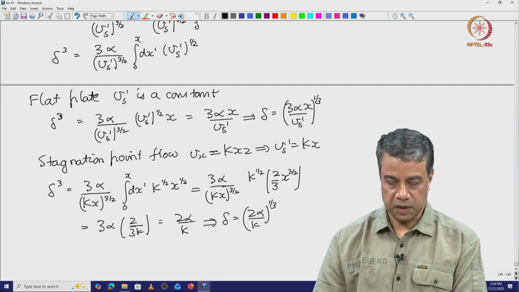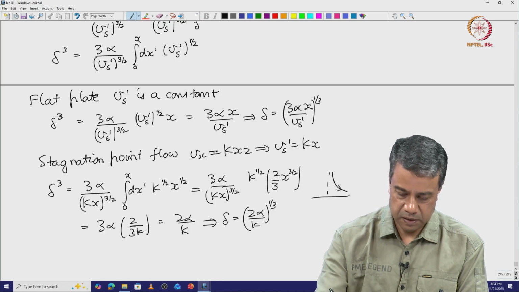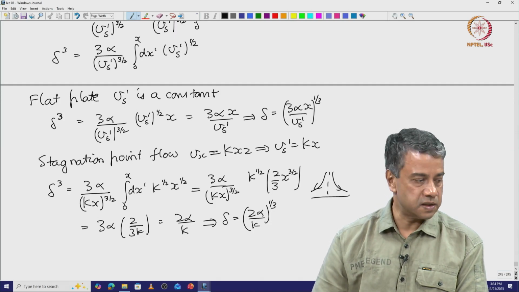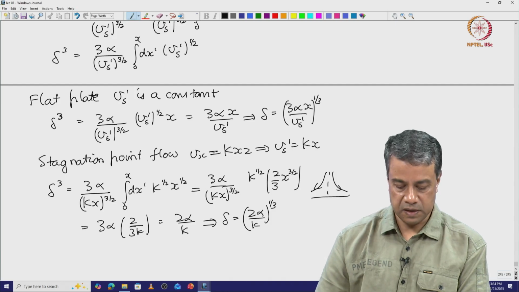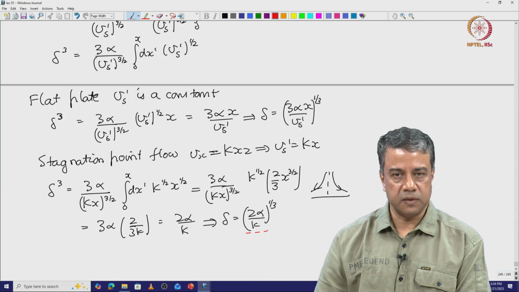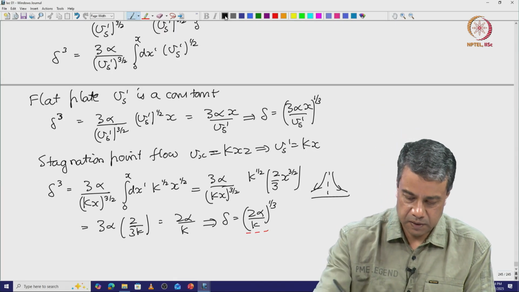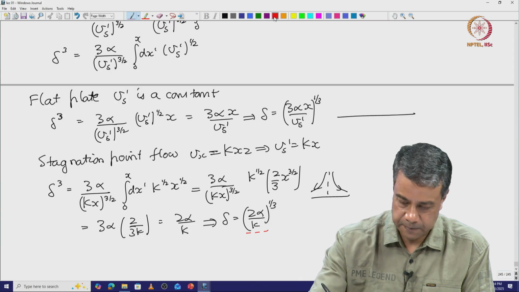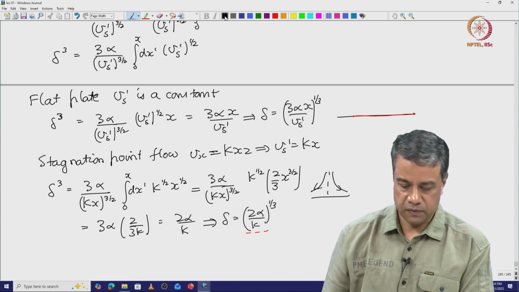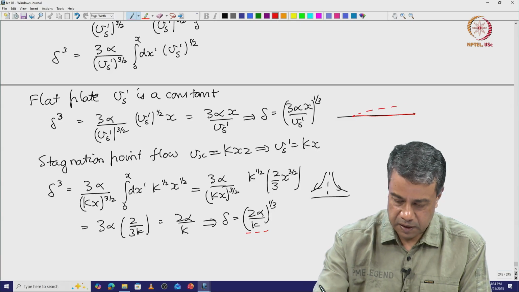stagnation point flow. Stagnation point flow, you recall, was the flow towards the surface. There we had found out that the boundary layer thickness is a constant, it is independent of x, and that value is given by 2 alpha by k. That is precisely what we get from this calculation as well, whereas this one was for the flow past a flat plate, where we had a boundary layer increasing with x.